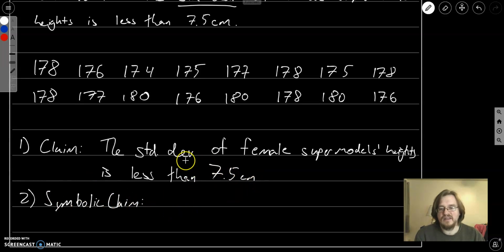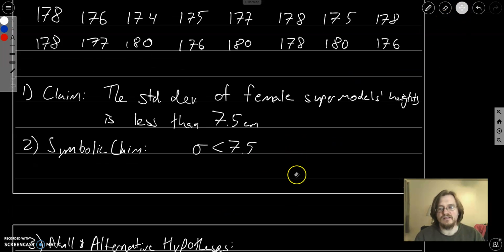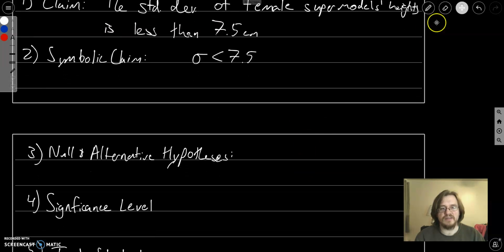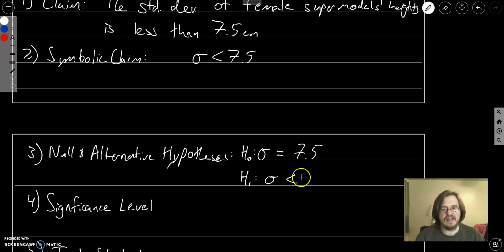So symbolically, what we're trying to say is that the standard deviation, so this is for the population of all female supermodels, the standard deviation of that population is less than 7.5. And when we write down our null and alternative hypotheses, the null hypothesis is going to be the same claim, except that we have equals in there. So this is the null hypothesis, and the alternative hypothesis is going to be that sigma is less than 7.5.